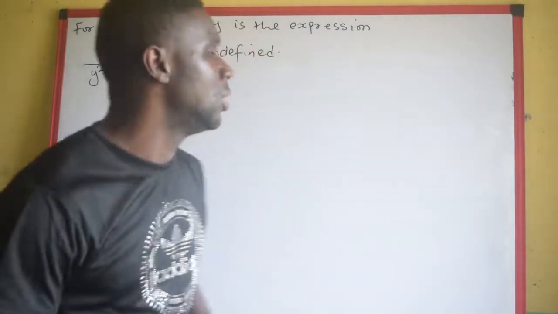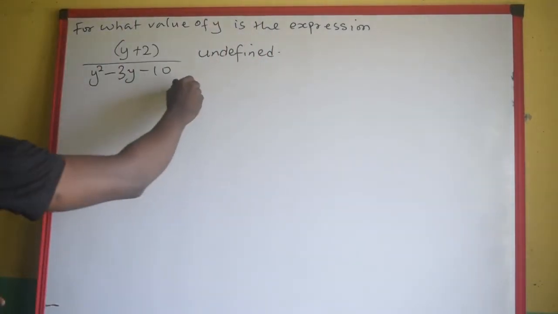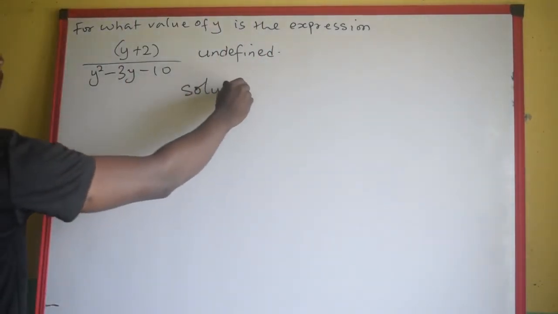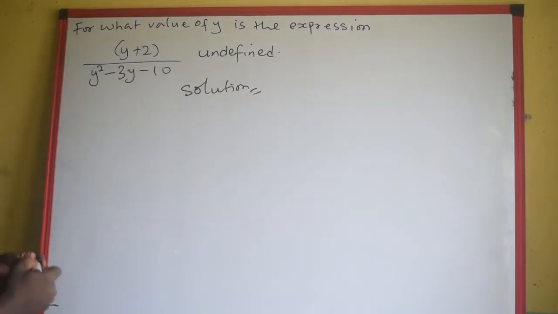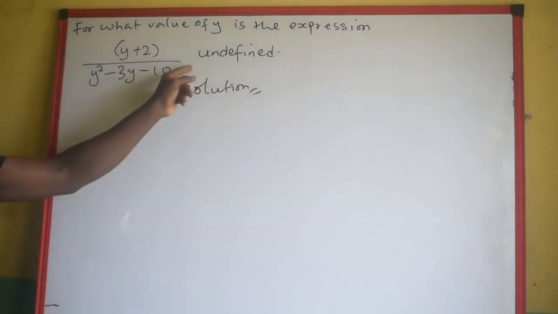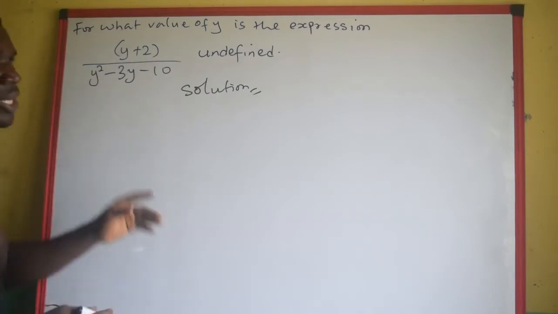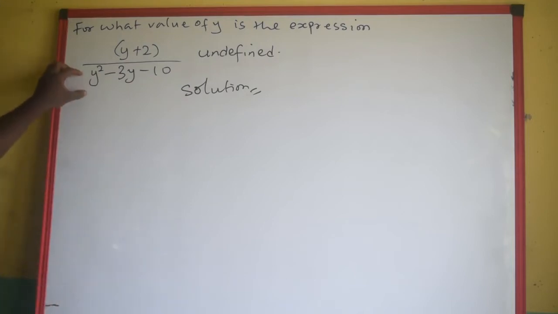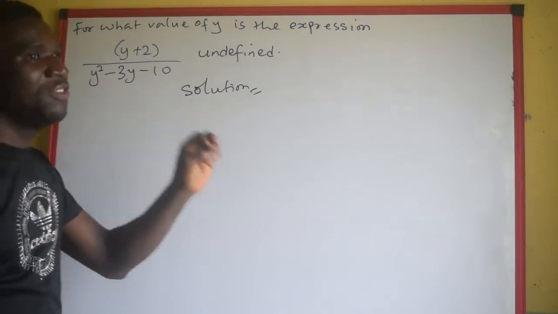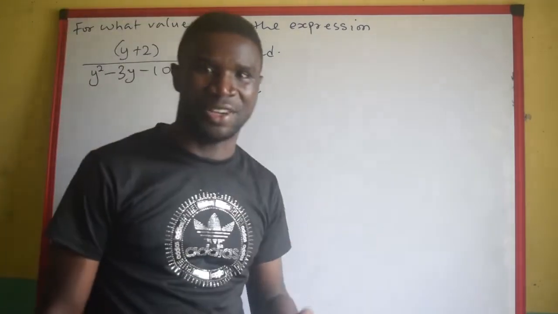Now let's proceed. When we write solution to this, because the question says for what value of y is the expression undefined. Now what is going to be is, like I said, consider the denominator. This is our denominator. Now, we check if the denominator can be factorized.